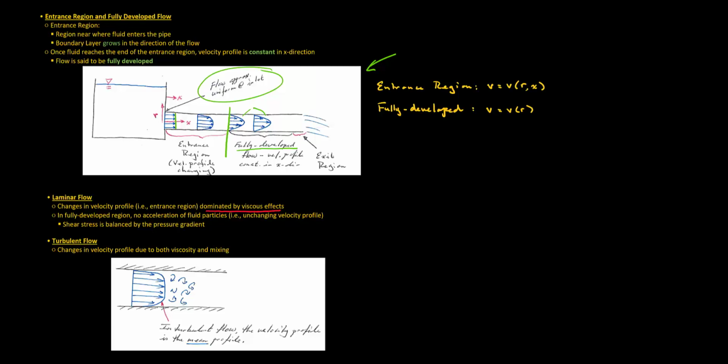So what we mean by this is, recall I briefly mentioned that the flow begins to feel the effects of the wall through the no-slip condition, and therefore we have the growth of the boundary layer. So if we have a fluid element over here with a shear stress on top and a shear stress over here, these two are unbalanced. So what we are getting is a local fluid acceleration.